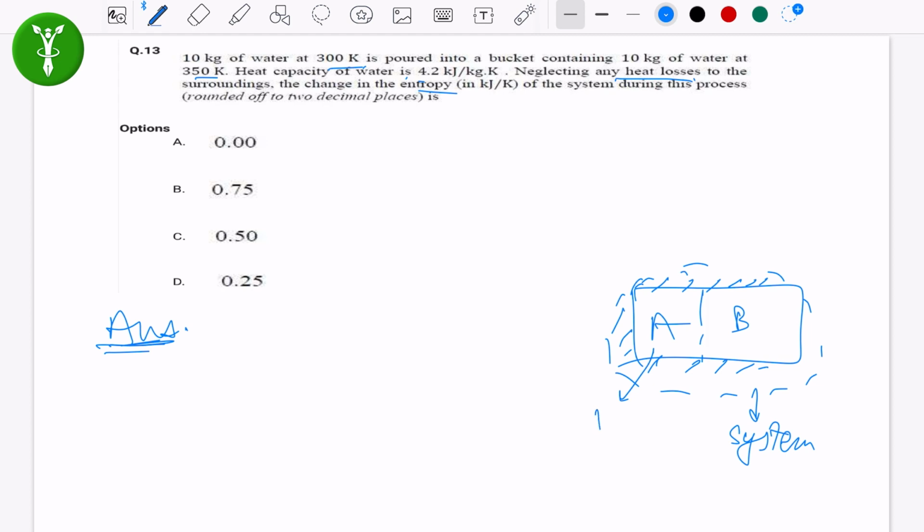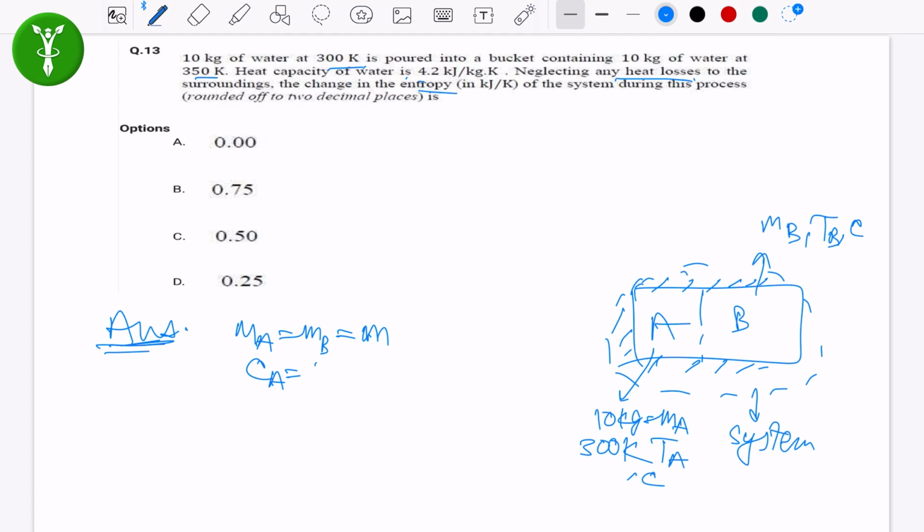Here we have 10 kg of water at 300 Kelvin, so we'll call it MATA, and this is MBTB, and both have C. So MA is equal to MB, let's say M, and CA is equal to CB is equal to C, and TA is not equal to TB. These are two different things.